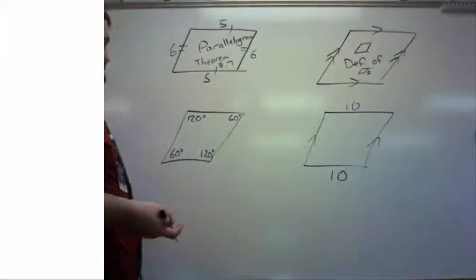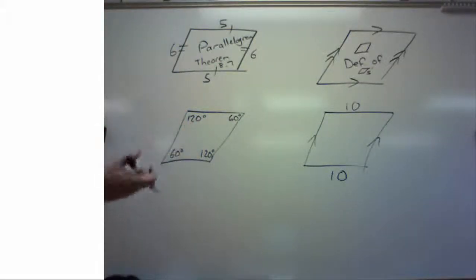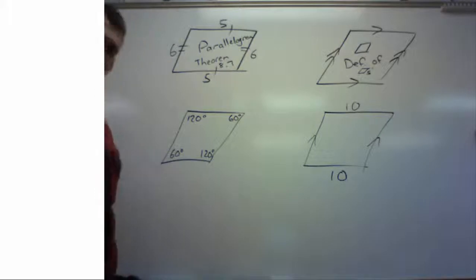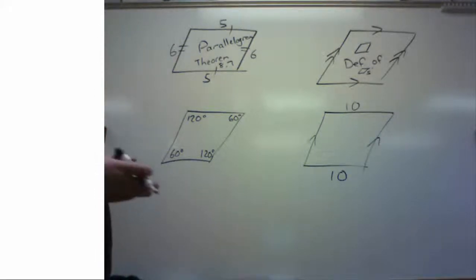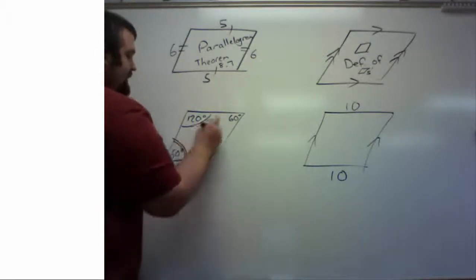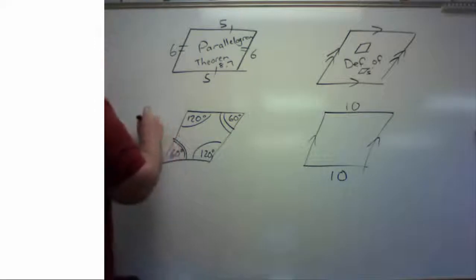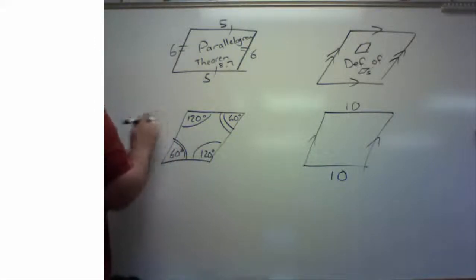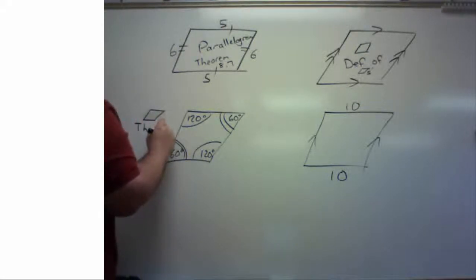This one here, opposite sides being parallel? Nope. Opposite sides being congruent? Nope. Opposite angles being congruent? Yes, that's the one we're looking for here because the opposite angles are congruent. I would say parallelogram. Gotta write it correctly. And I would say theorem, I believe it ends up being 8.8.